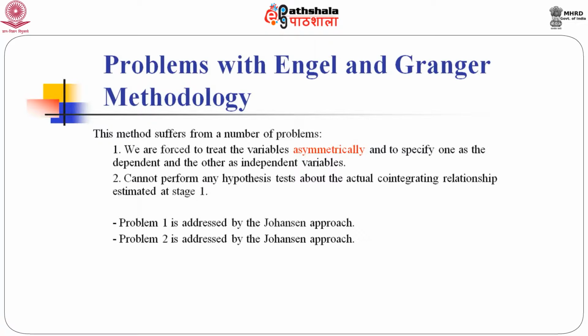If we get two contradicting results, then we fail to conclude anything regarding the existence of cointegration applying this methodology. This problem is tackled by the Johansen approach that I will consider in a minute. Secondly, we cannot perform any hypothesis test about the actual cointegrating relationship based on stage 1. This problem too is tackled by the Johansen approach.